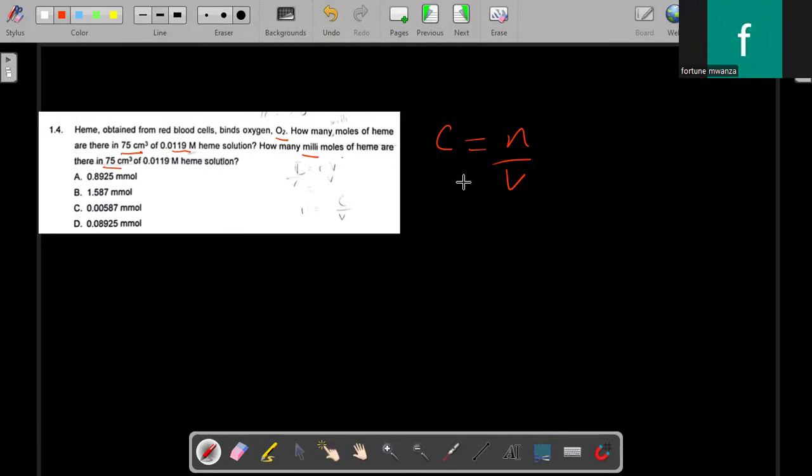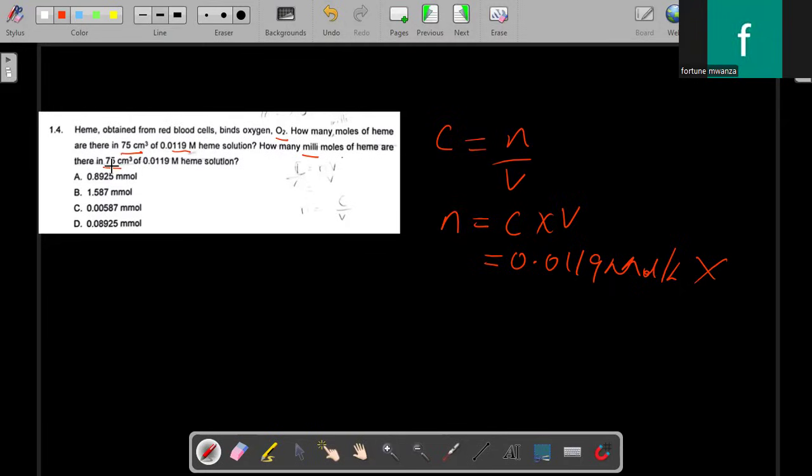So I can make my number of moles subject to the formula there of concentration times volume. Here I've been given the concentration, which is the molarity there, which is 0.0119 molarity. This is the same as mole per liter, times the volume. So what volume have I been given? I've been given 75 cubic centimeter.